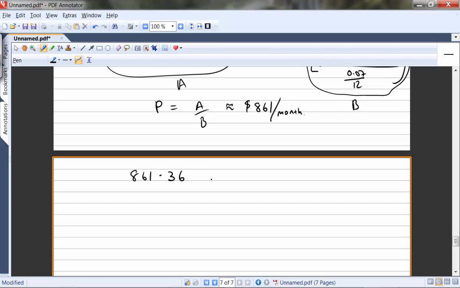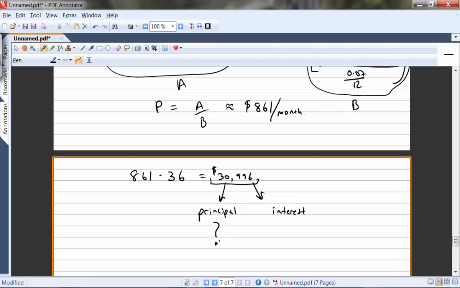Then after 3 years, they will have paid the bank back this many dollars. The question is, of this, how much went towards principal and how much went towards interest? Well, they only asked how much went towards principal.